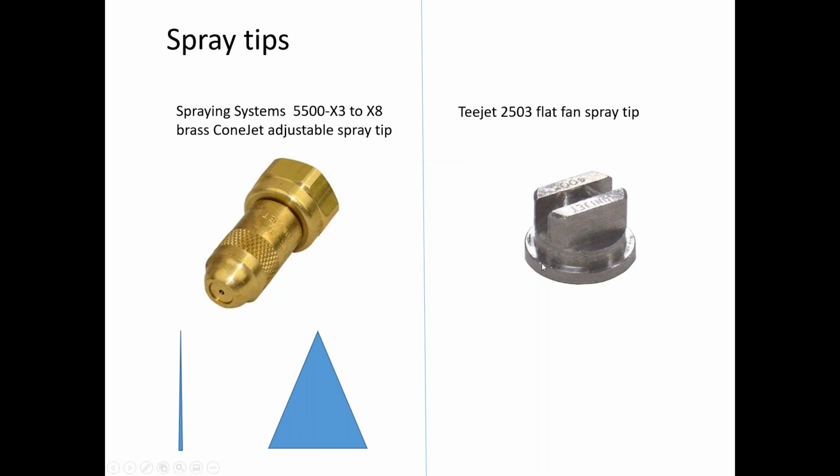The other option is a very narrow angle tip, like a TeeJet 2503 flat fan spray tip. It's going to have a 25 degree spray angle, and the 03, the 0.3 gallons per minute delivery volume there. And again, that's going to give you a fixed 25 degree spray pattern.